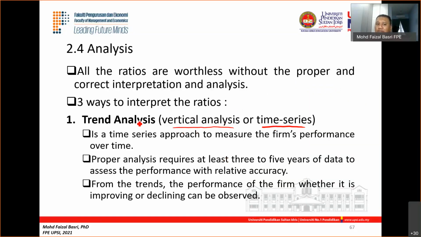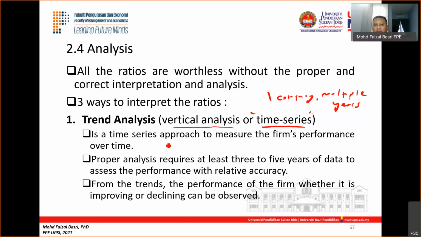So what does trend analysis mean? Simply, you choose one company and you analyze it over multiple years, hence the name time series. One company, multiple years. So that is trend analysis.